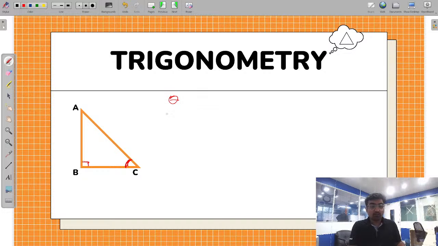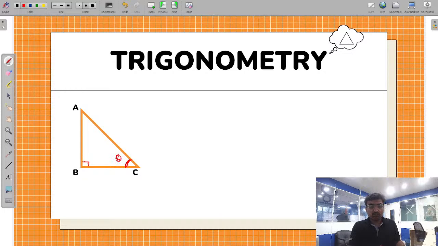Just as we use variable x for unknown numbers, for unknown angles we use theta. Got it? If a number is unknown, we use x. If an angle is unknown, we use theta. Okay, so we don't know angle C, right? So let's just keep it as theta.